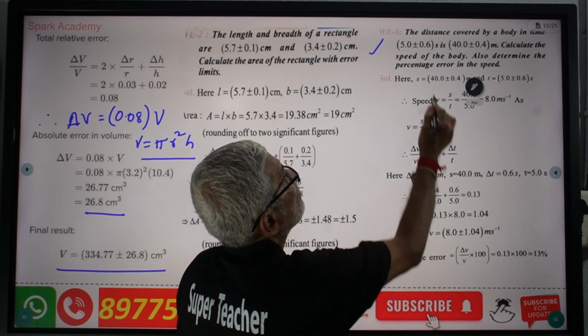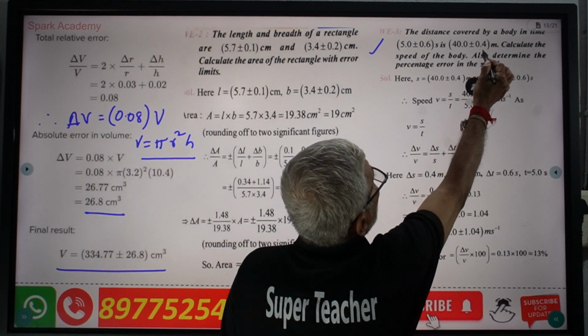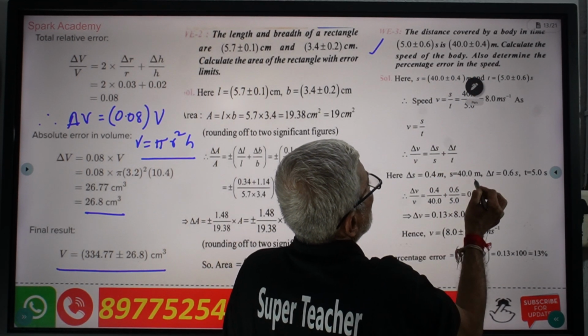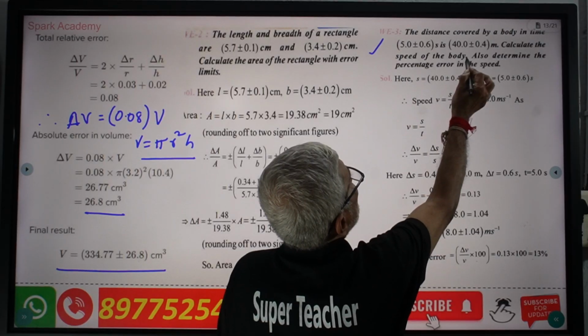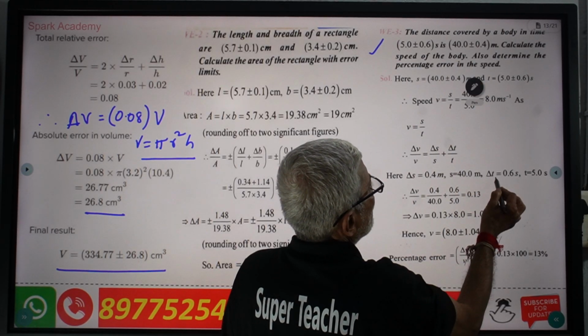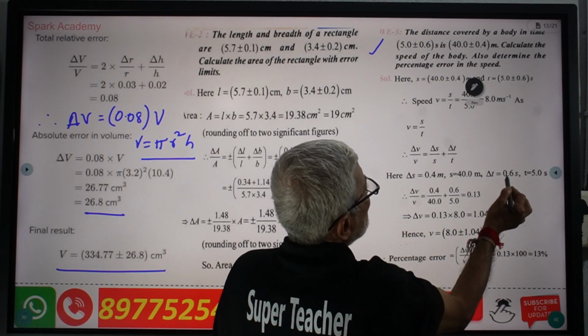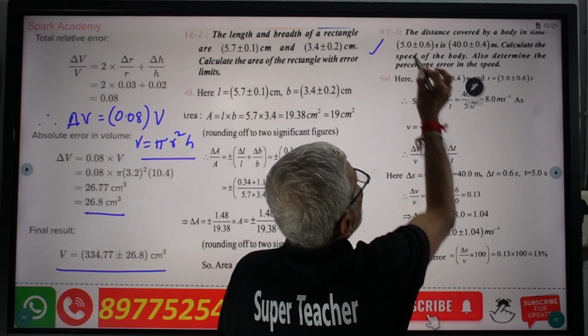Now del S is 0.4 and S is 40. Del T is 0.6 and T is 5.